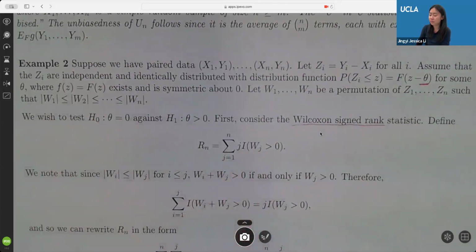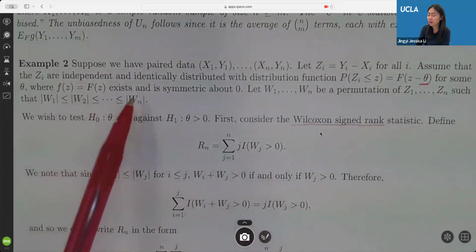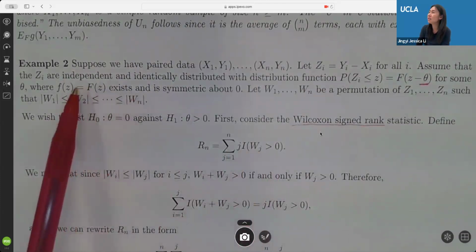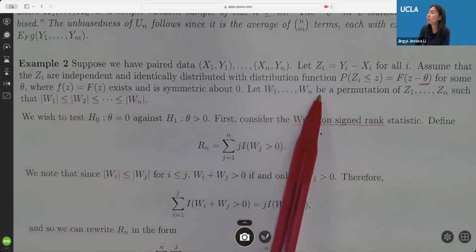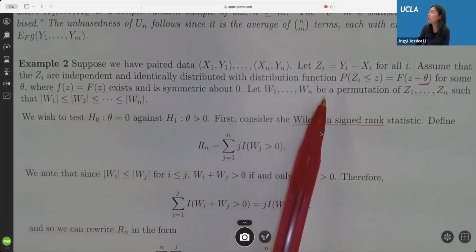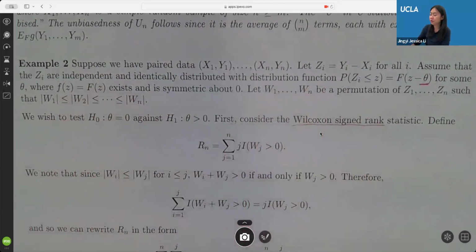We would expect that the positive values should be randomly scattered among W1 to Wn. We shouldn't expect that the first half of the Wi's are positive or the second half of the Wi's are positive. That would not indicate a symmetric distribution. We should expect something even. So this partial sum will capture that.